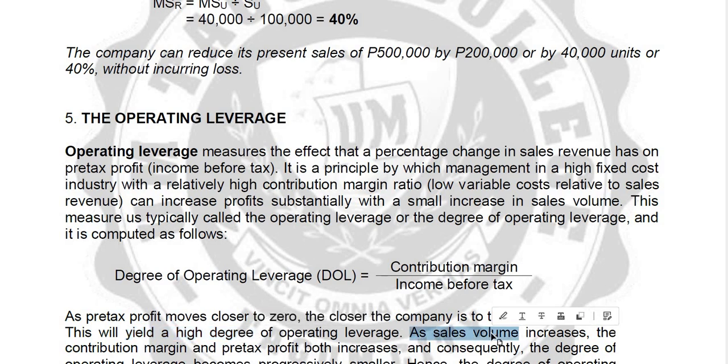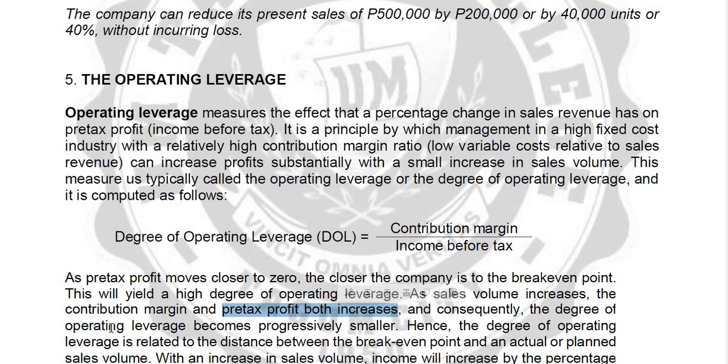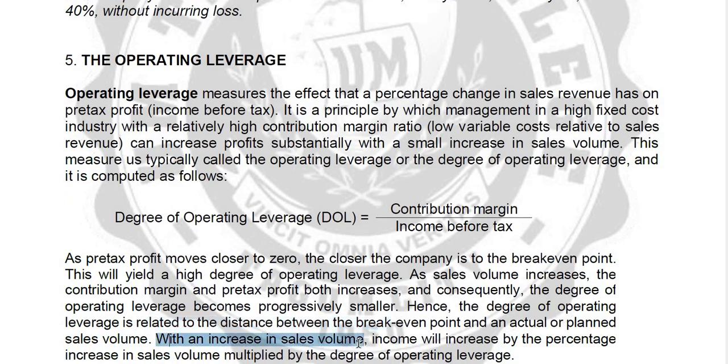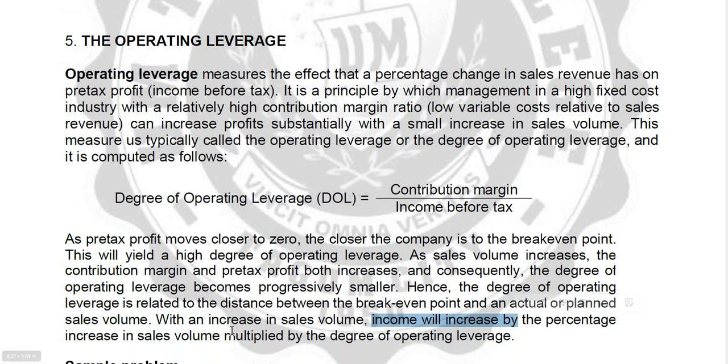As the sales volume increases, the contribution margin and the pre-tax profit both increase also, and consequently, the degree of operating leverage becomes progressively smaller. Hence, the degree of operating leverage is related to the distance between the break-even point and the actual or planned sales volume. With an increase in sales volume, income will increase by the percentage increase in sales volume multiplied by the degree of operating leverage.